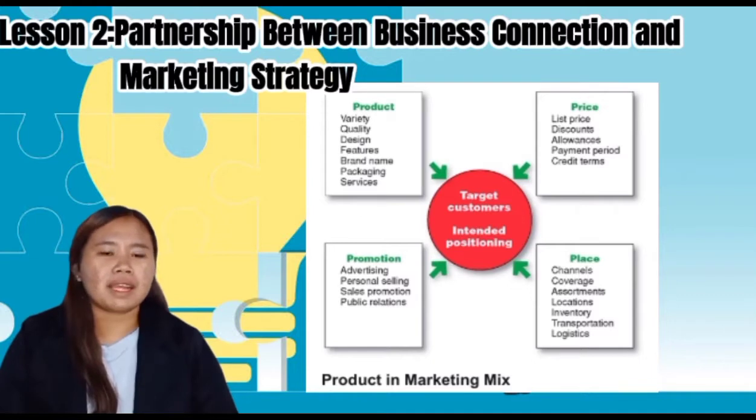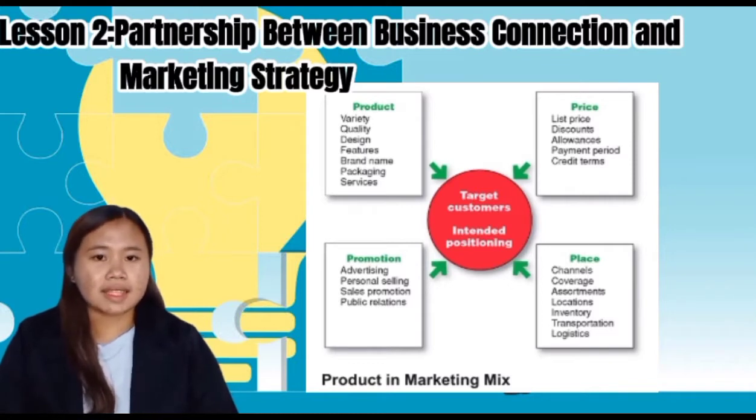Here are a few marketing tools under product in the marketing mix: product variety, quality, design, features, brand name, packaging, sizes, service, warranties, and returns. Price means the amount of dollars customers or consumers must pay to obtain or use the product.